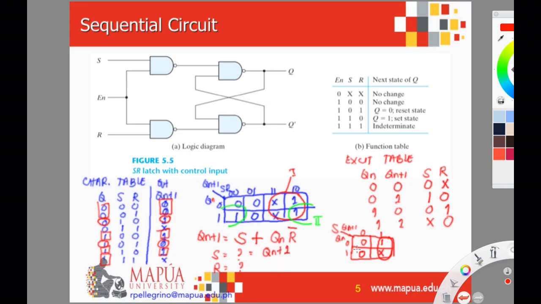Correct? Because Qn is eliminated. If we have R, so that means we have Qn plus 1, which means it gives us the circuit 0, 1, 0, 1. So X is X, 0, 1, 0. So this is our group, which means that is what?